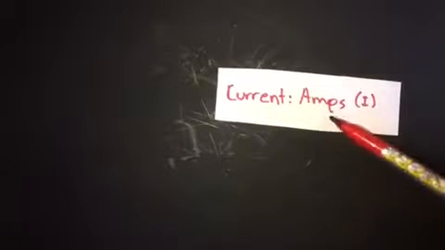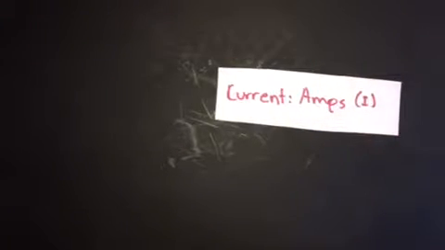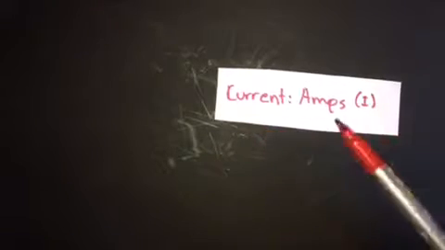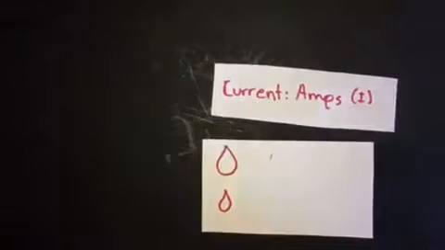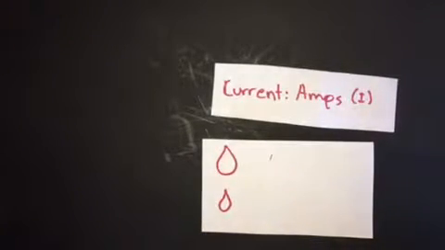The second factor that I'm going to explain is current. Current is represented with an I, and it's measured in amperes. Oh, I forgot: voltage is measured in volts and current in amps. We can think about current, again relating it to water, as the amount of electrons that go through.